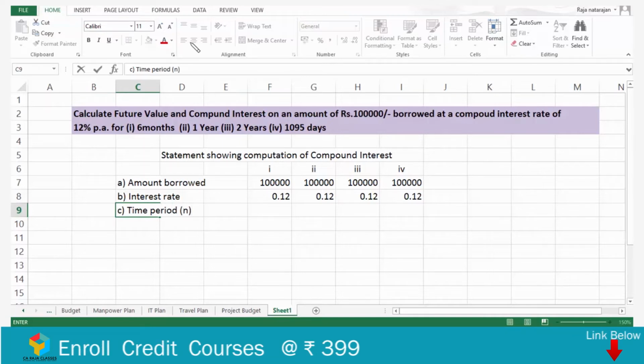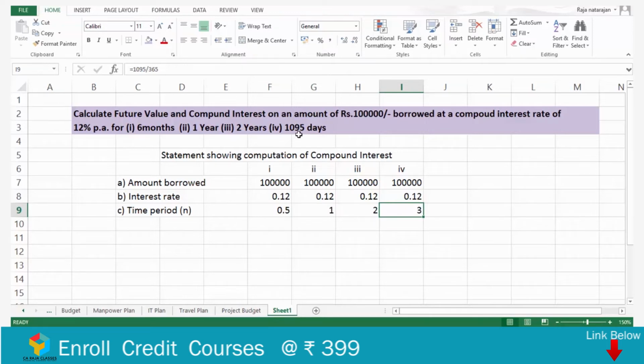I'll call it N. In the first scenario, the time period is 6 months, so in year terms it's 6 divided by 12, which is 0.5. Scenario 2 is 1 year, so it is straight 1. Scenario 3 is 2 years, and scenario 4 is 1095 days. I want to express this in years, so I'll take 1095 divided by 365 days. That makes 3 years.